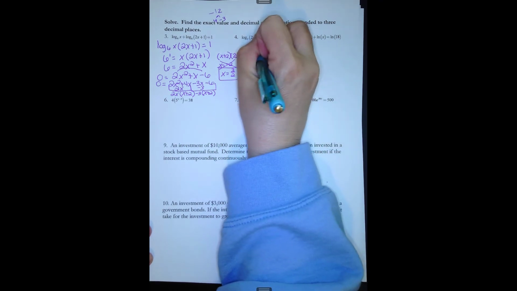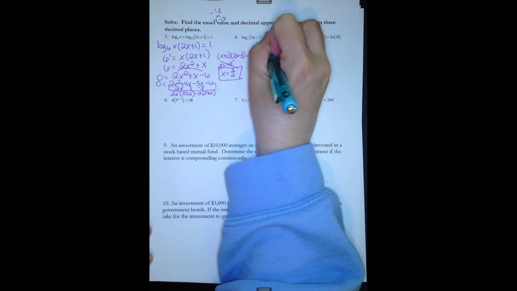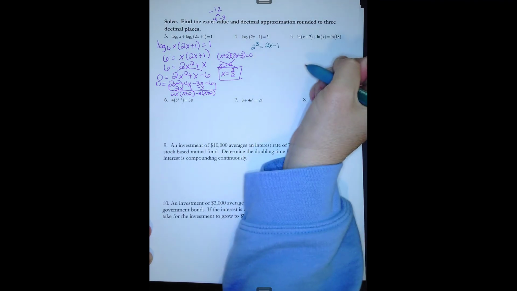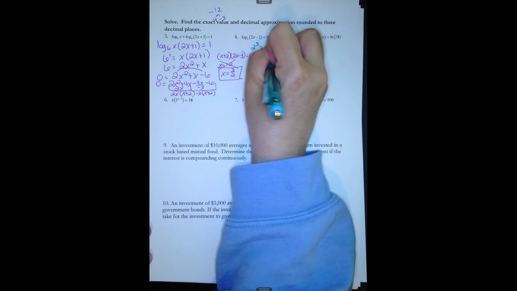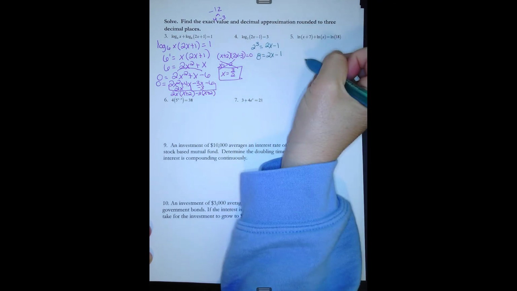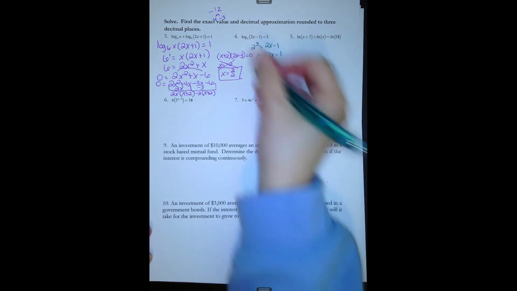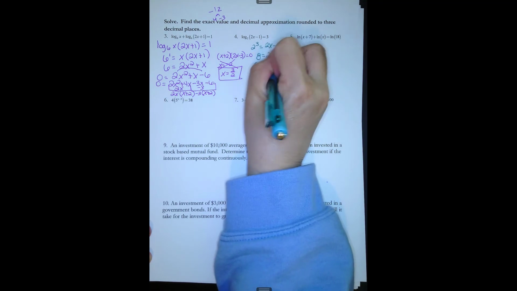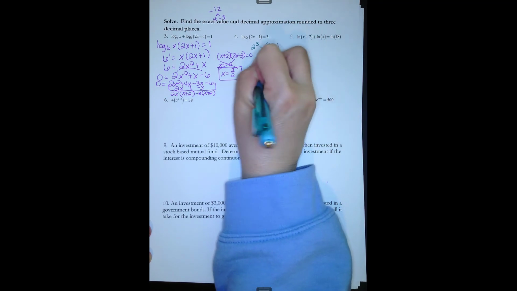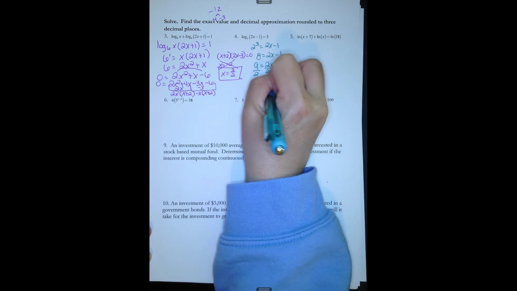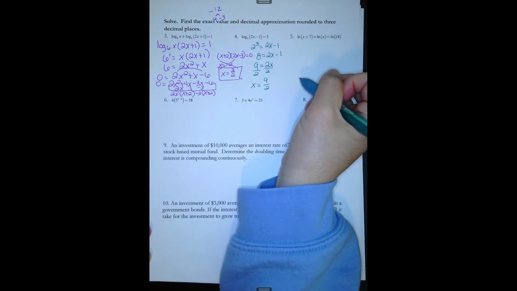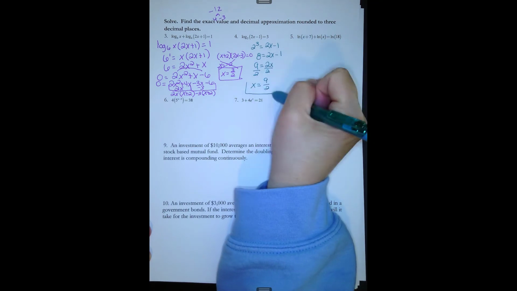So we've got 2 to the third equals 2x minus 1. 2 to the third is 8 equals 2x minus 1. Add 1 to both sides. So 9 equals 2x. Divide both sides by 2. So x equals 9 halves. And once again, this one will not have an extraneous solution, and we are finished with that problem.